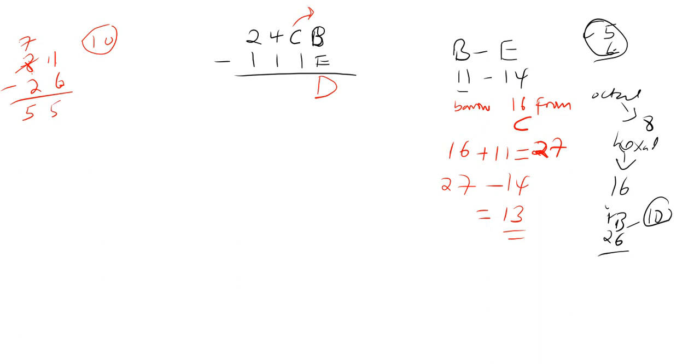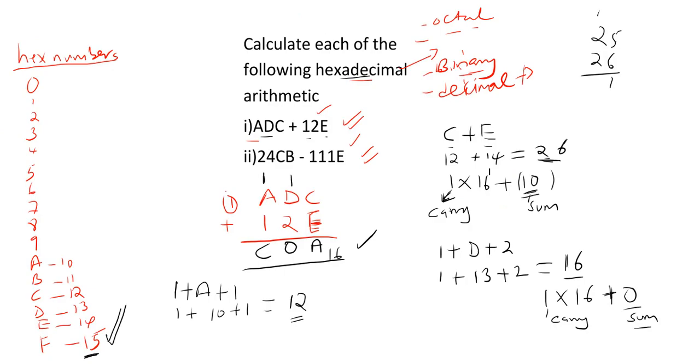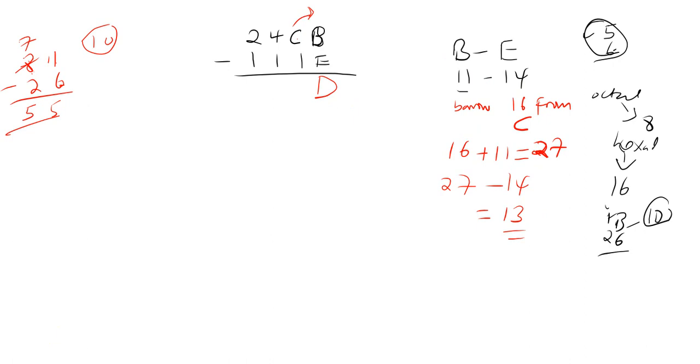So also in this case, when we borrow here, we take 16 to the next column. C is 12, sorry. So we are going to decrease it by 1, and we remain with B, because we have subtracted 1 to get 11.